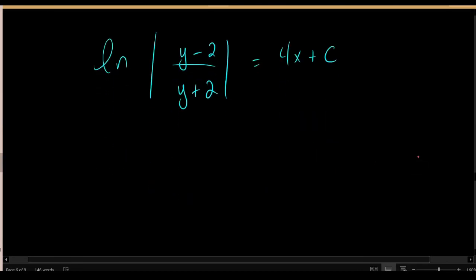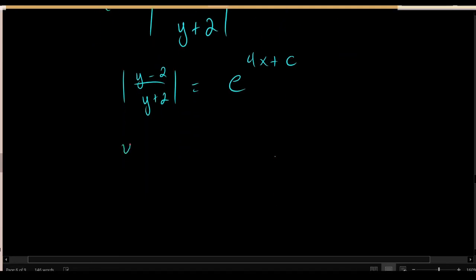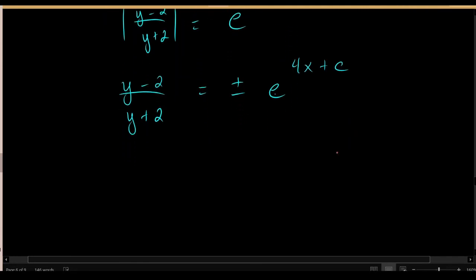Let's go ahead and apply e to both sides to get rid of that natural log. And let's go ahead and get rid of those absolute values using a plus or minus. And I'm going to use the same trick for combining constants that we used in the previous example.